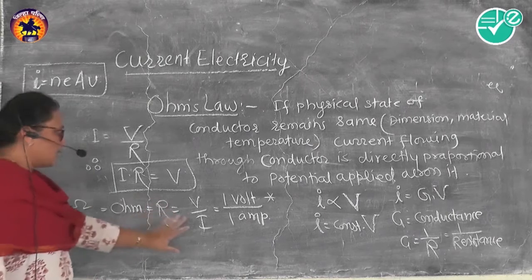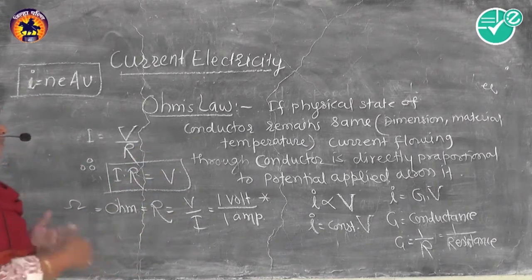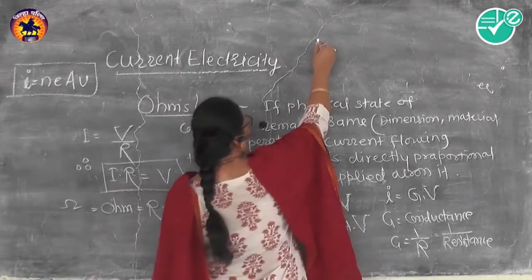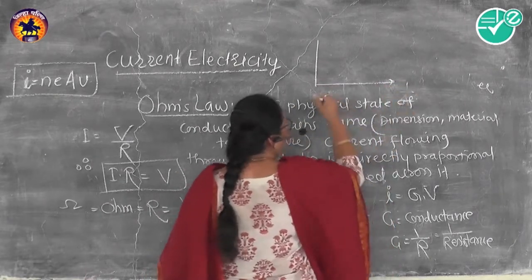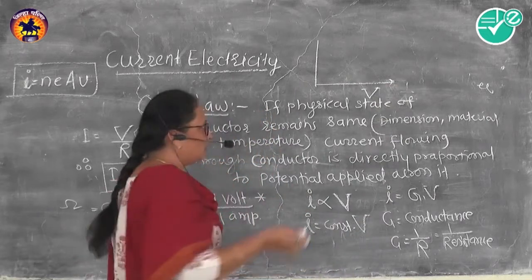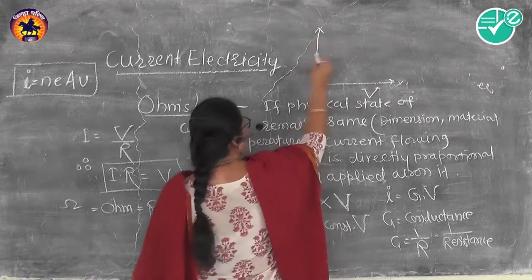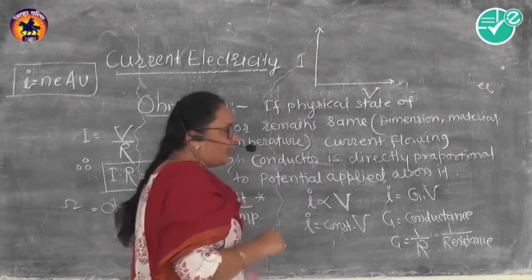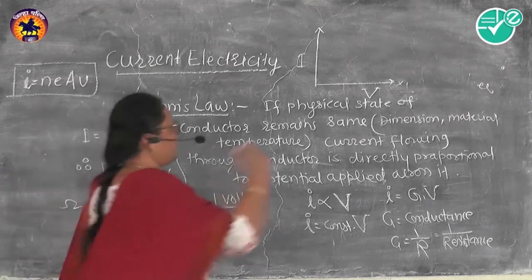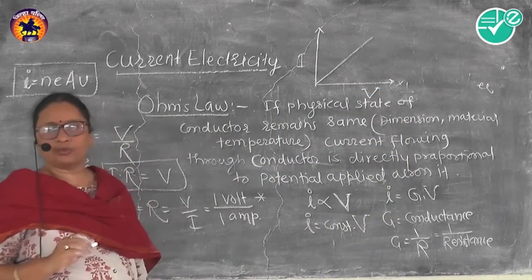Now this total experiment can be studied experimentally, and graphically: if we plot different values of potential difference applied across that conductor on the x-axis, and the current measured is I, then as there is a direct relation between these two physical quantities, you will get a graph as a straight line passing through the origin.